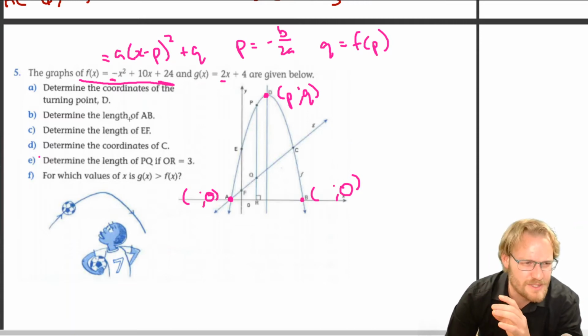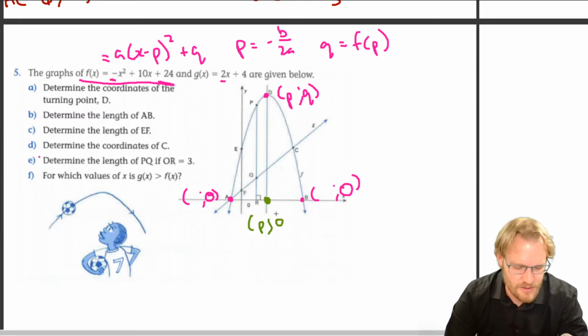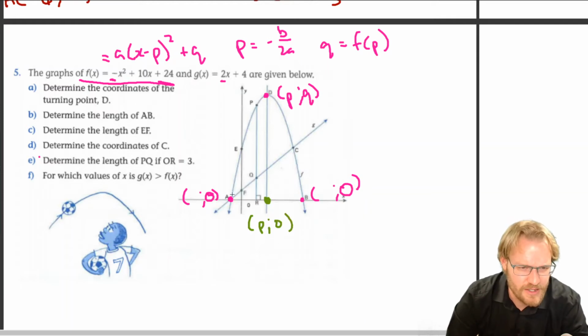The other way is, well, we already know what the middle point of this parabola is, because we know this is going to be p. We're going to work out what it's going to be, and its y value is 0.